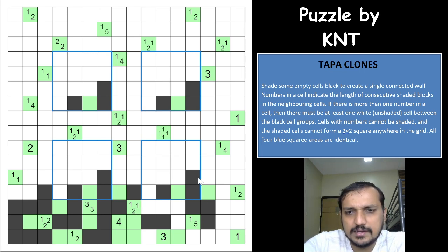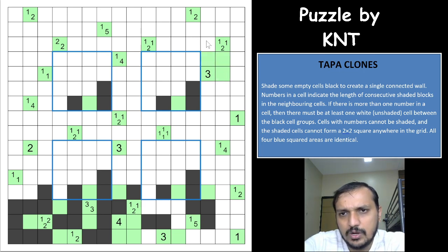Now the moment I get this, that is amazing. This 3 will have these 3 cells as unshaded, right? Whatever be the case, one is shaded, it has to go maximum here or here, and all of these would have to be unshaded. For the 1 1 2 clue again, these two would have to be shaded.